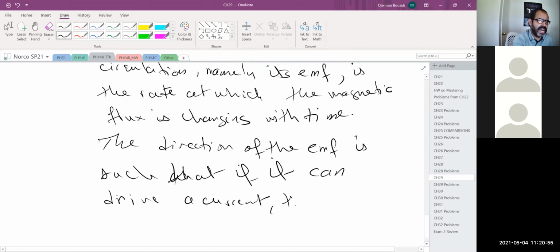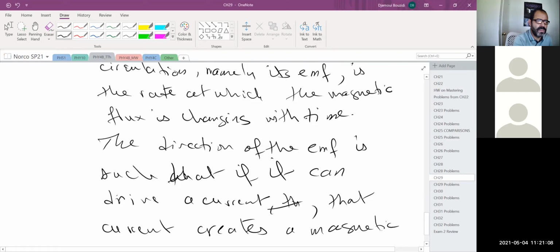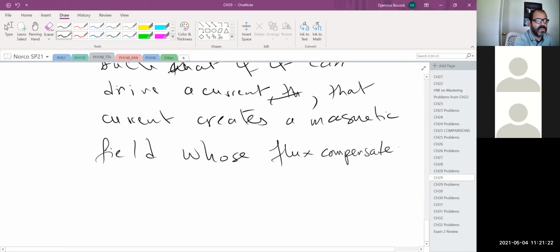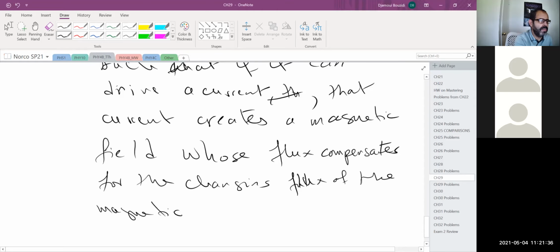If it can drive a current, that current creates a magnetic field whose flux compensates for the changing flux of the magnetic field that created it to begin with.